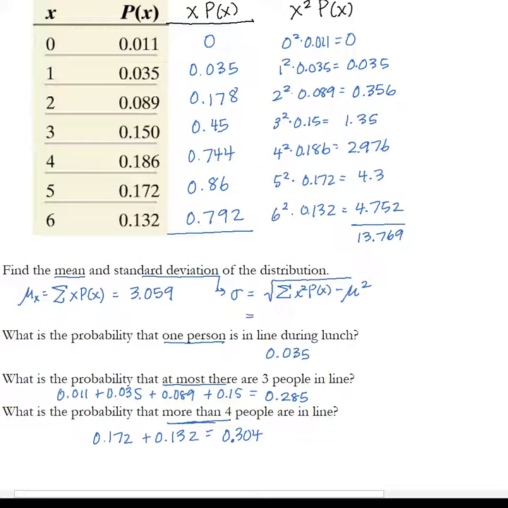So now down here in the formula, the standard deviation sigma is the square root of the sum of x squared times p of x, which we created right here, 13.769, minus the mean squared, 3.059 squared.